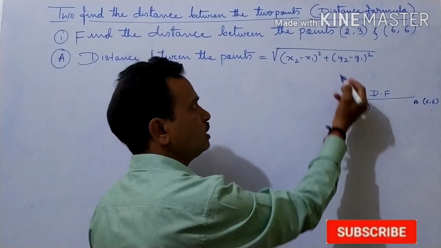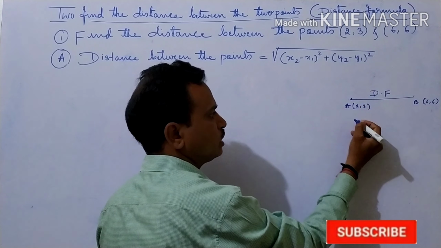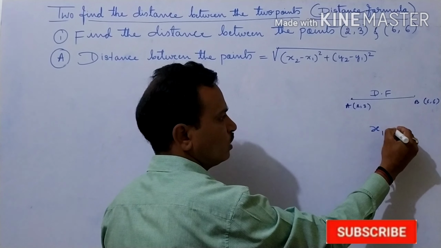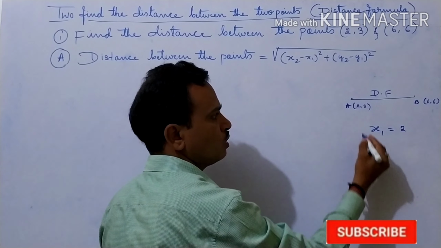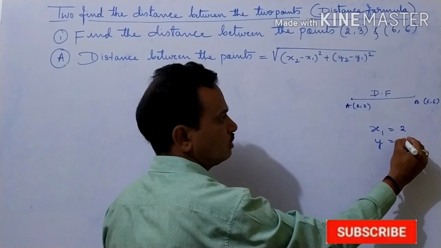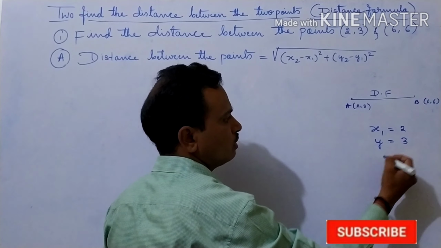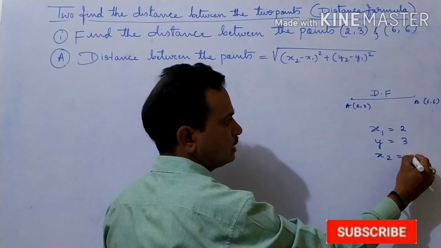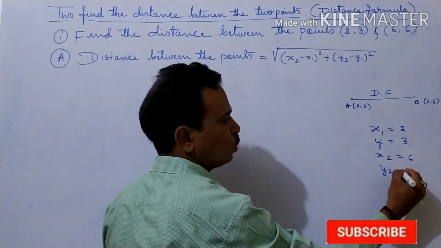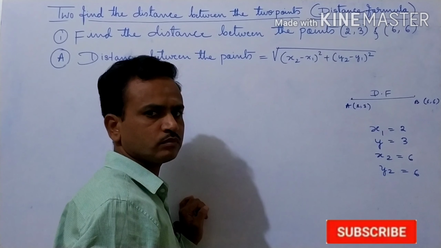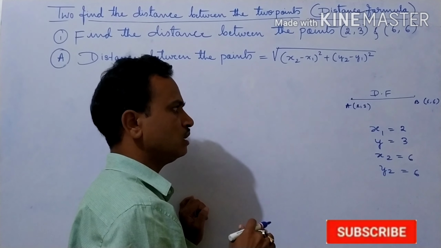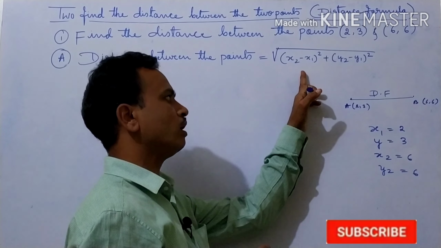Now the first point: x1 is 2, y1 is 3, next x2 is 6 and y2 is 6. Nothing else is here, only you should remember this formula.